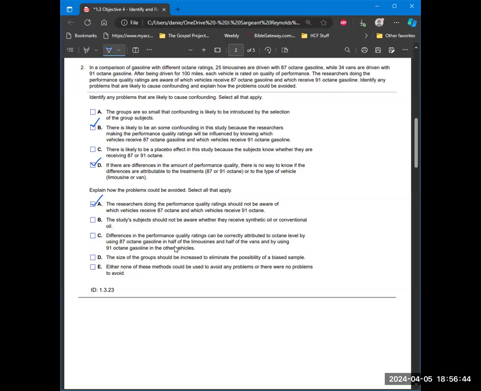Differences in the performance quality ratings can be correctly attributed to octane level by using 87 octane gasoline in half of the limousines and half of the vans, and by using 91 octane gasoline in the other vehicles. That's true. The size of the group should be increased to eliminate the possibility of a biased sample.